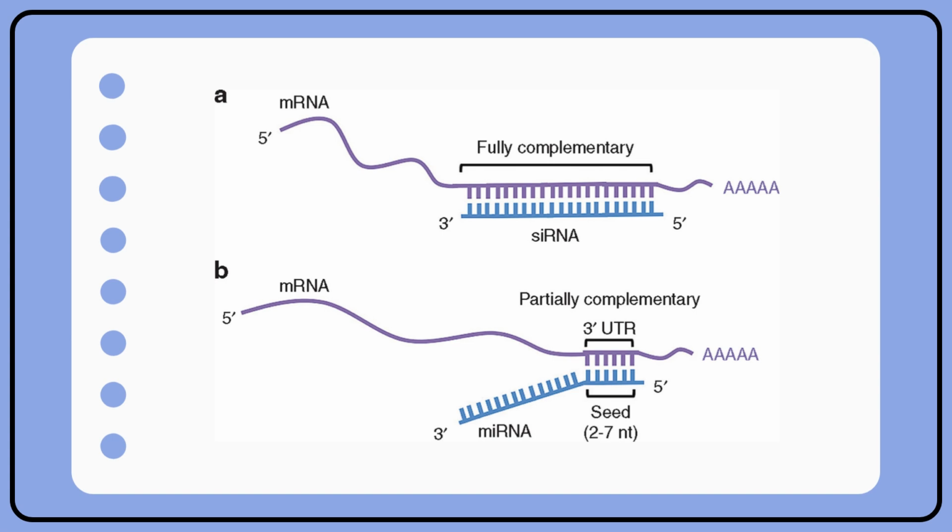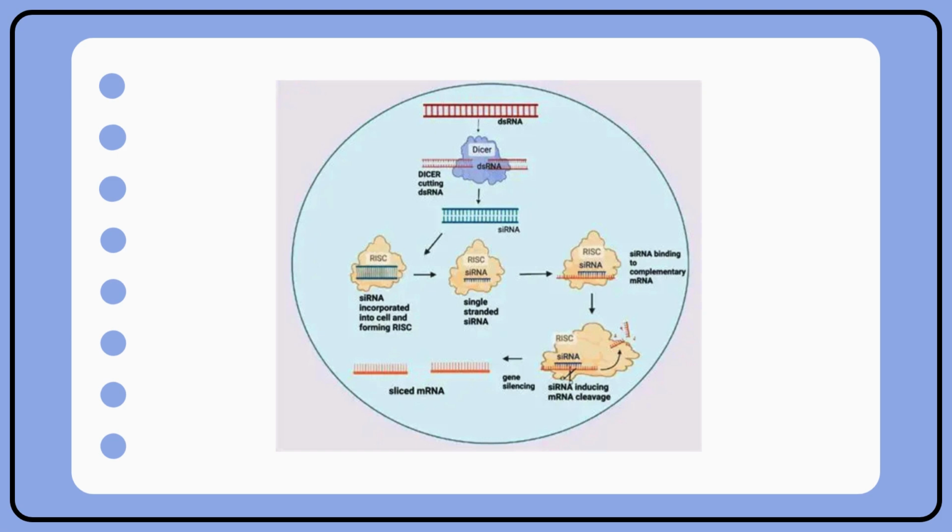There are two main players in this process, which are siRNAs and miRNAs. siRNAs, or small interfering RNAs, are super short double stranded RNAs, about 21 to 23 nucleotides long, and they can find their matching mRNA targets and trigger their destruction.